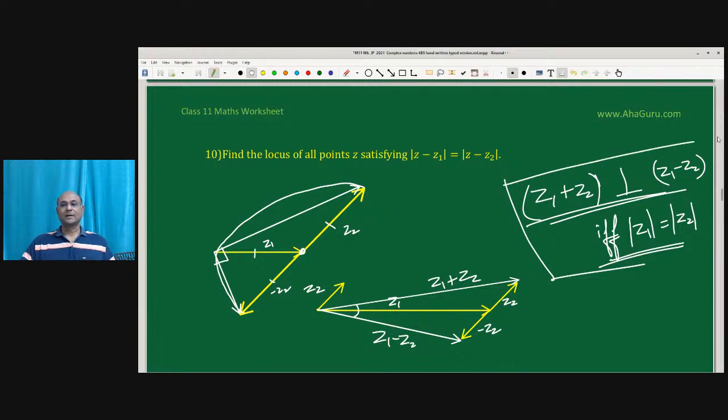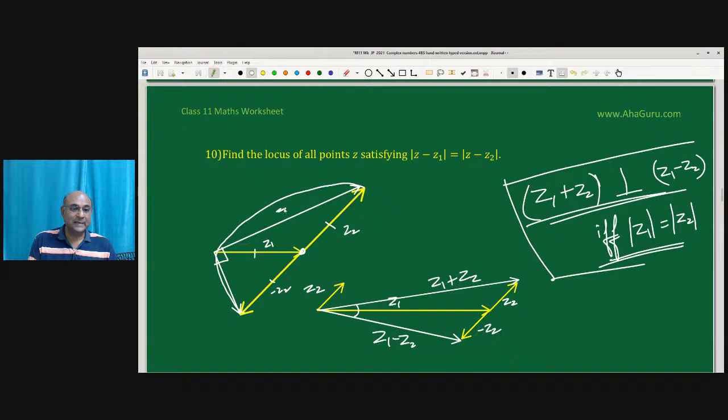Got it? So this is a geometry theorem. If modulus of Z1 is equal to modulus of Z2, that means the length of Z1 and length of Z2 are equal. That means Z1, Z2, minus Z2, right? You can draw this. You can see that I'm creating a circle. And the angle in a semicircle is 90 degrees.